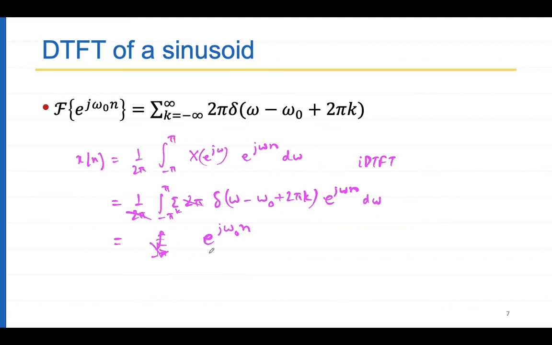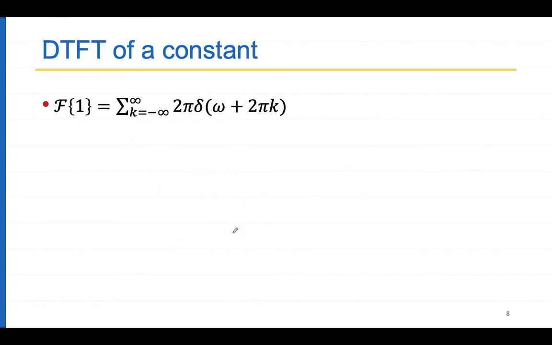Right? So this is the inverse Fourier transform of this thing, so we recover it. Next is Fourier transform of 1. Basically, if you notice, only here omega naught is equal to 0, and then you recover the whole result. Everything else is the same.